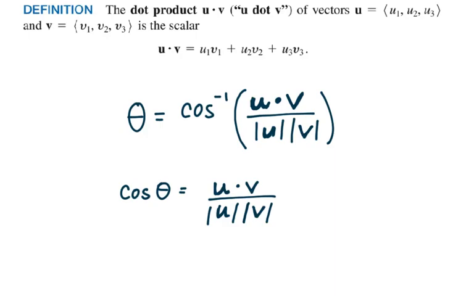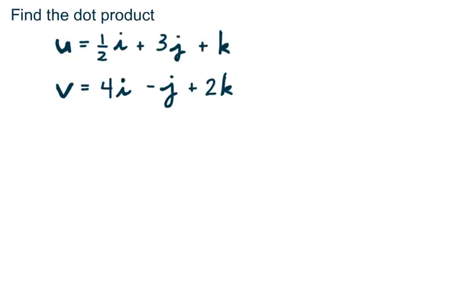So let's do an example and talk a little bit about finding a dot product. Here, we're going to find the dot product of two vectors u and v. U is 1/2 i plus 3j plus k, and v is 4i minus j plus 2k.